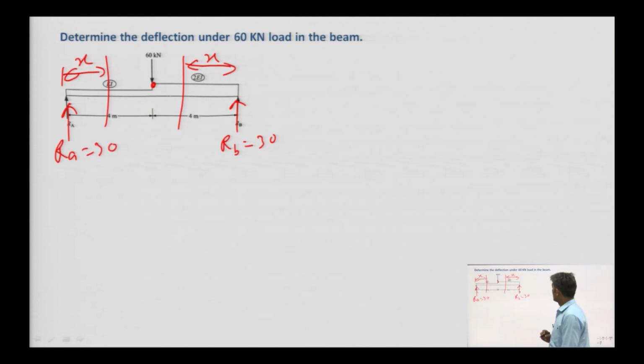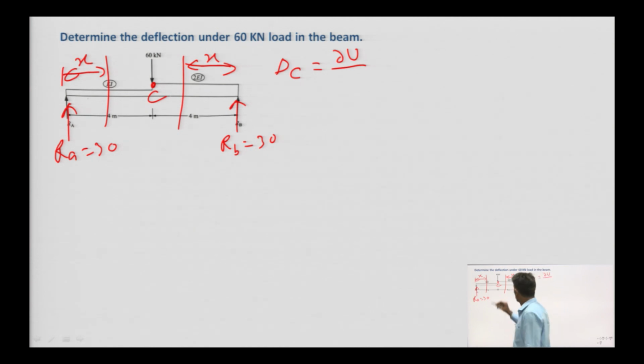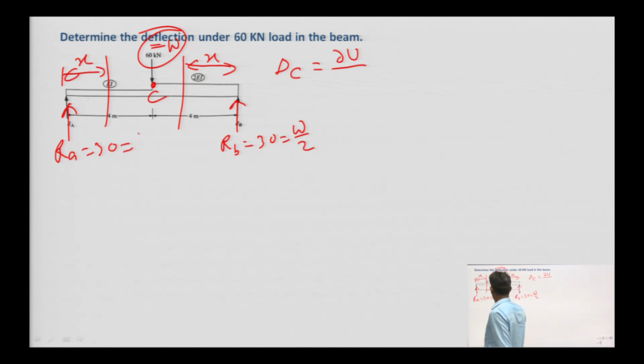This point is C, so delta C is del u by which one? Put this as W. Replace the 60 kilonewton load by W. So, it is W by 2, not 30.